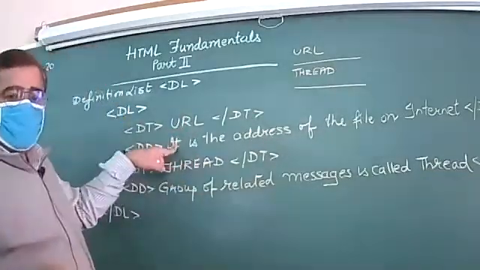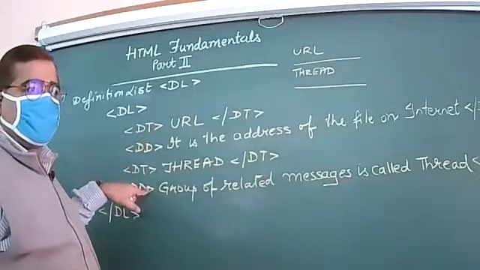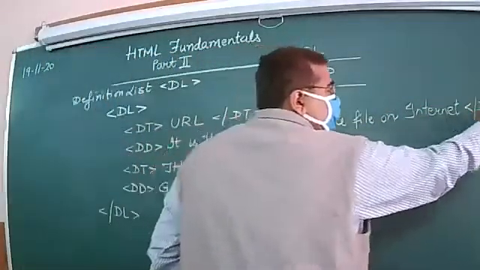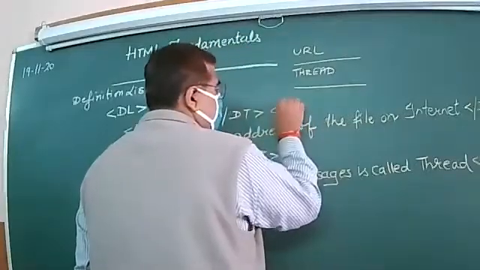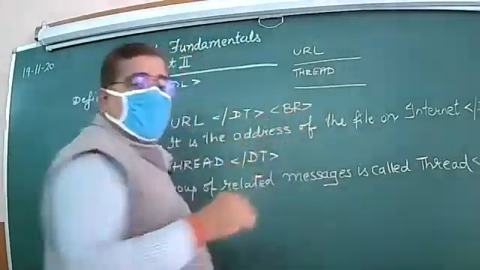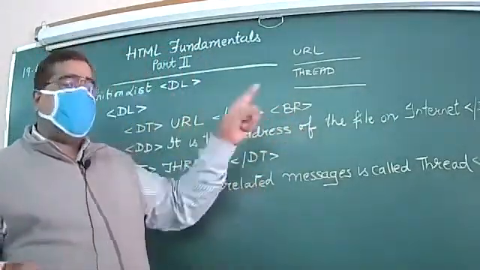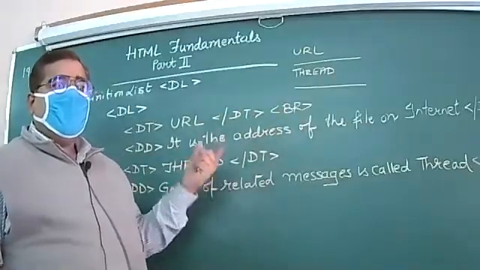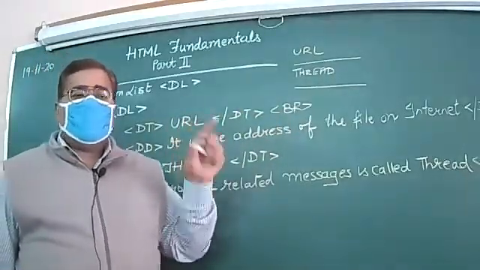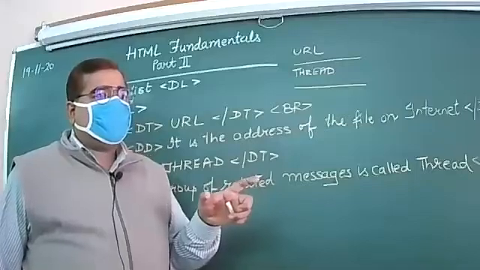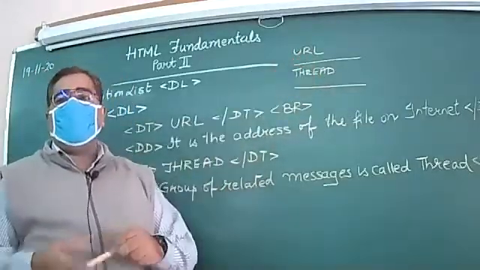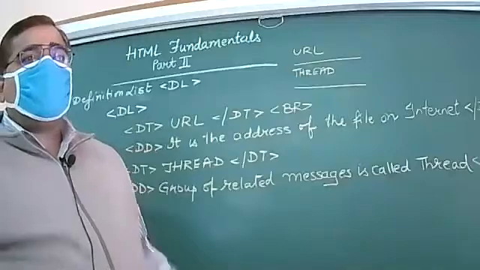Since there are no bullets, no alphabets, no numbers, don't write BR here. Don't think that only when we write BR will the definition come in the next line. In the definition list, this setting is automatically done. So no need to add BR.